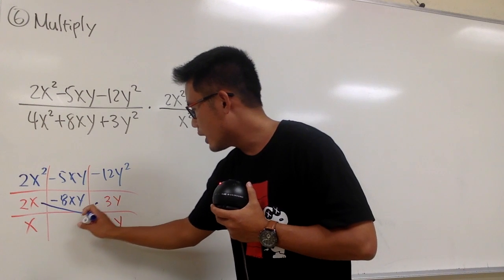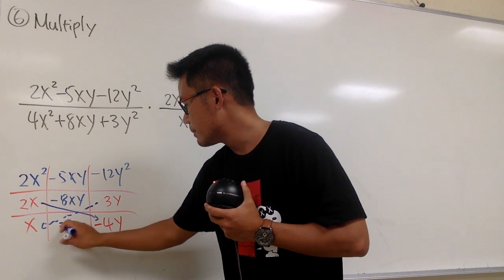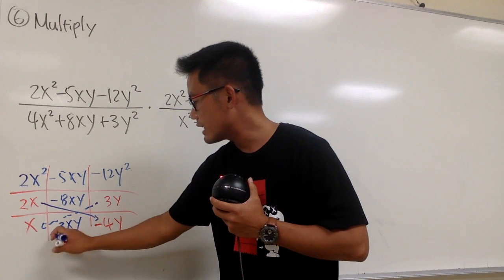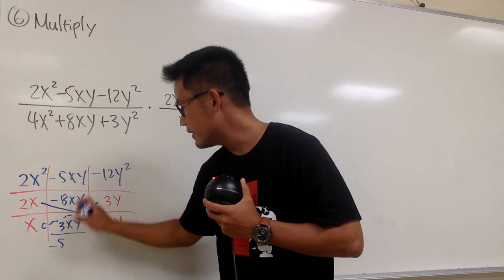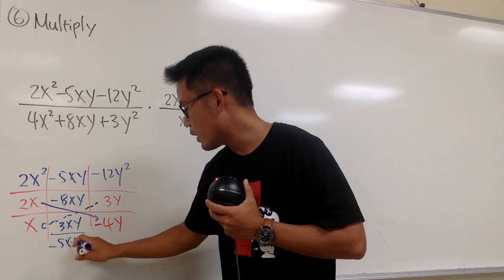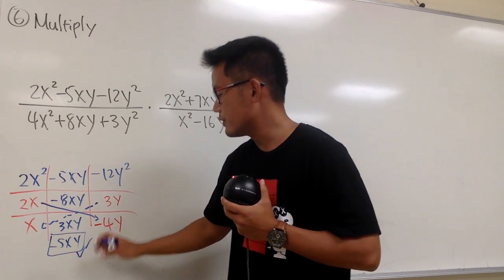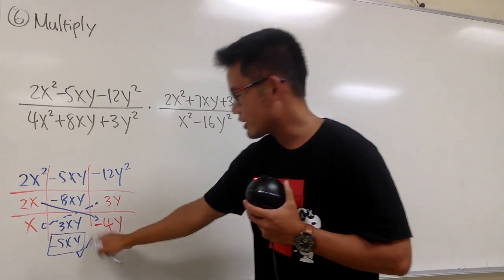And next, 3y times x, that will be positive 3xy. Together, these two will add up to be -5xy, the like term. So you know this is the correct choice for that. Okay, that's the check mark.